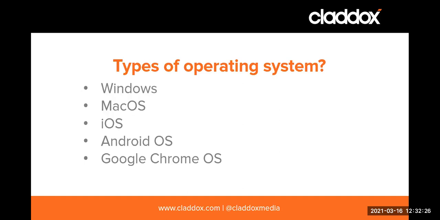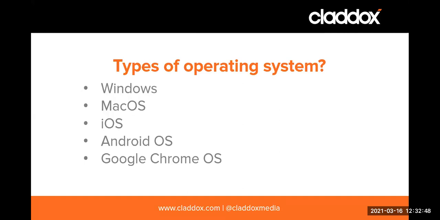Mac OS belongs to Apple laptops. Any laptops that are made by Apple run on Mac OS. Then your iPhones, that is your Apple phones, they run on iOS. Your Android phones run on Android OS, owned by Google.